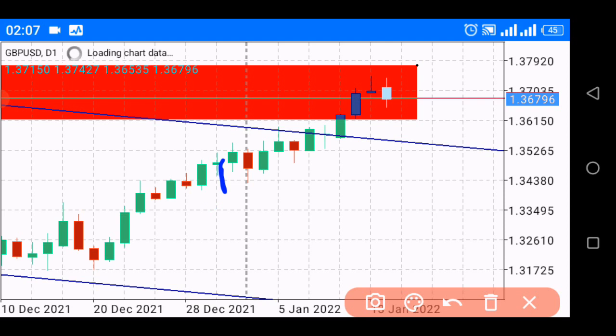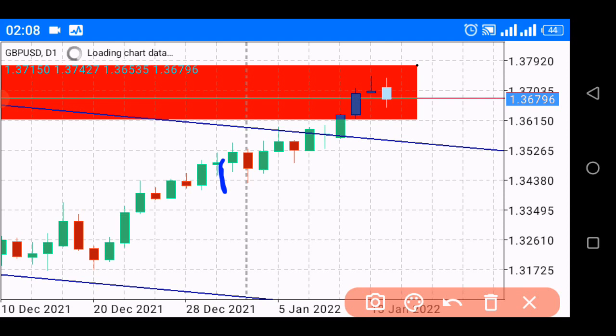Those are the three types of candle we have: the momentum candle, the rejection candle, and the indecision candle. Within these three categories, you may later give names to any candlestick, but I don't have time to be giving names to all those candles. All I know is that I have momentum, rejection, and indecision candles.